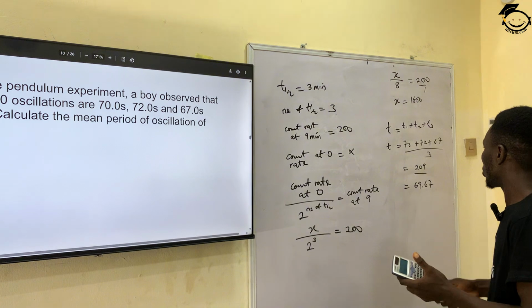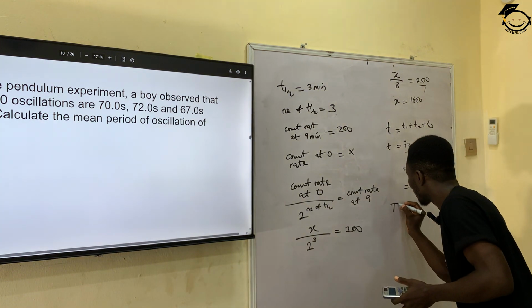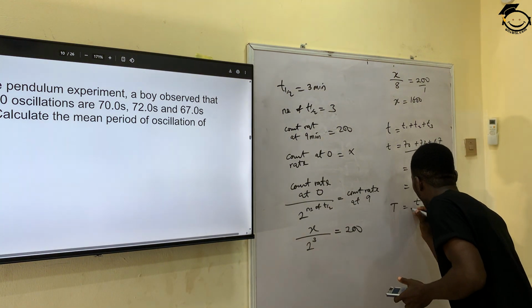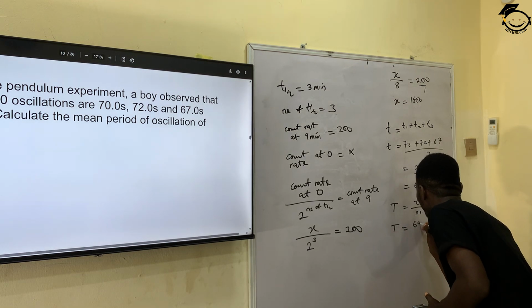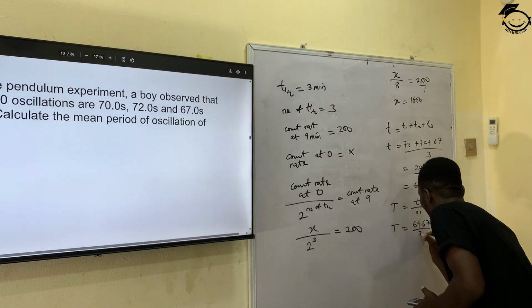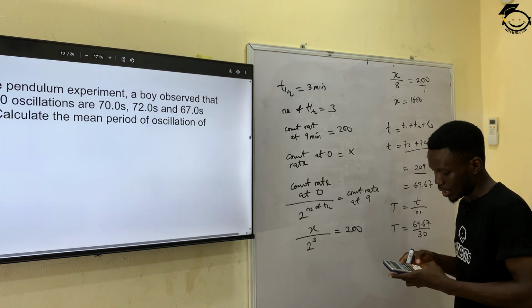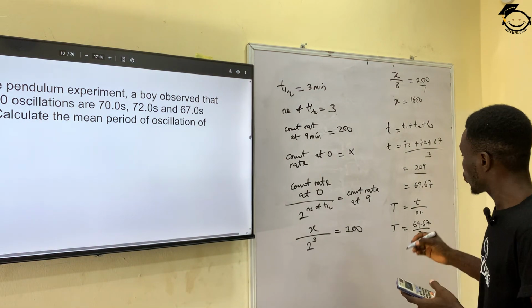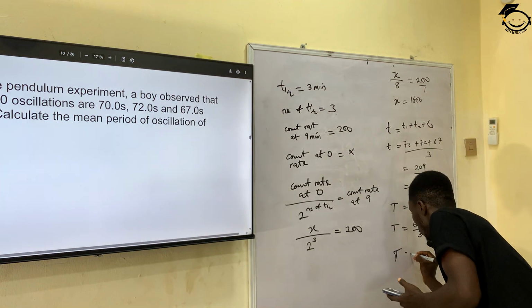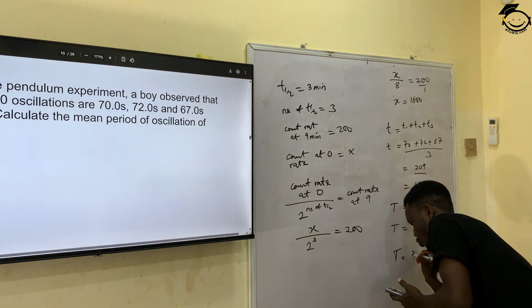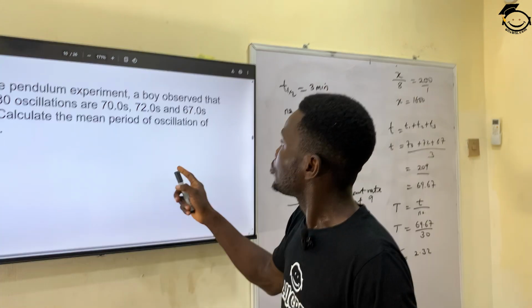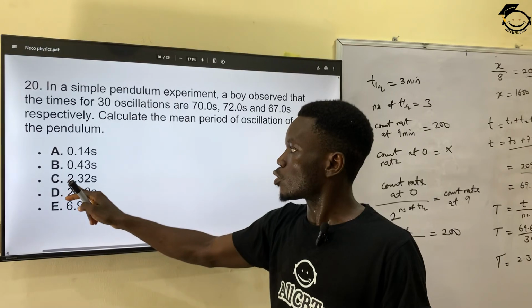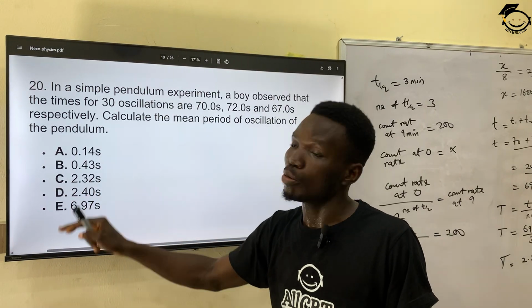But that is not the period, because we know that the period is the time over the number of oscillations. So that means that my period is 69.67 divided by 30. If I divide by 30, that will give me 2.32. So looking at this, it means that my period of oscillation here is 2.32 seconds, and that is option C.